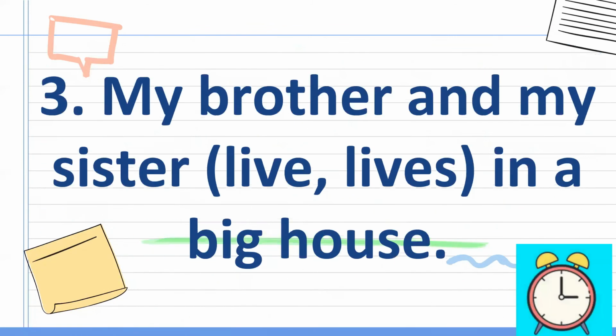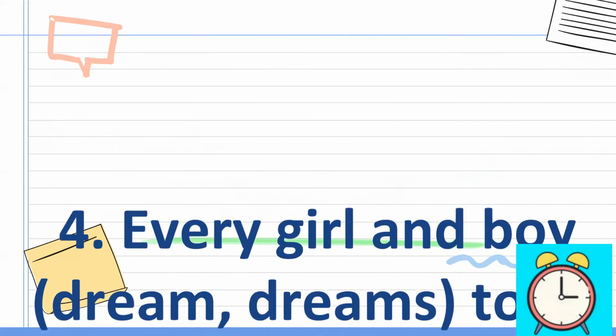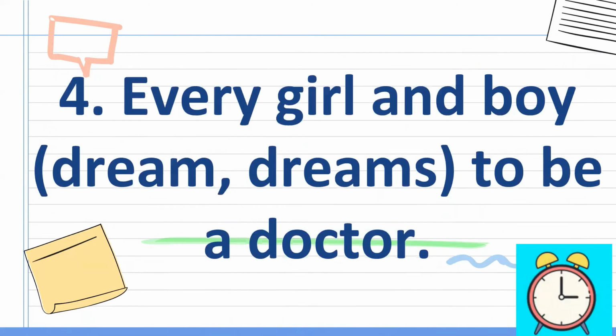Number 3. My brother and my sister lives in a big house. The correct answer is live because brother and sister are plural subjects. Number 4. Every girl and boy dreams to be a doctor.